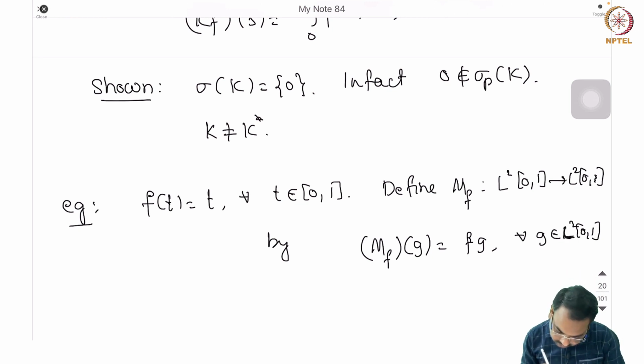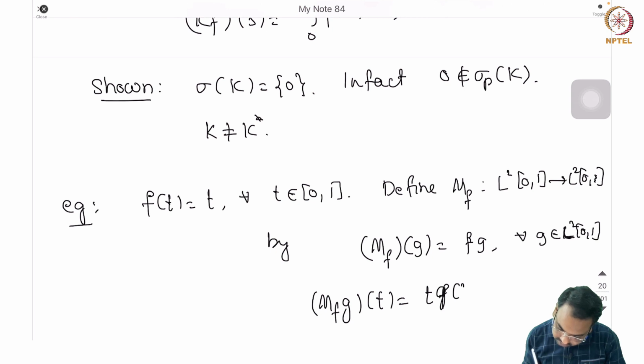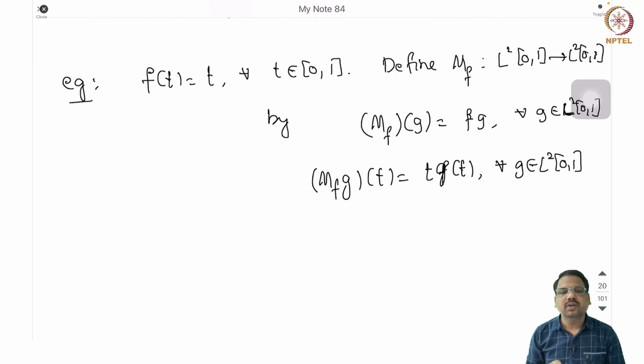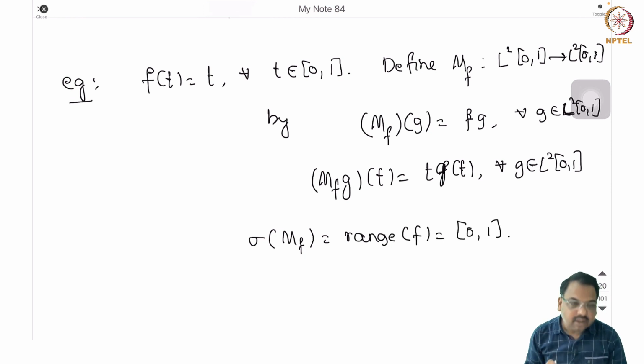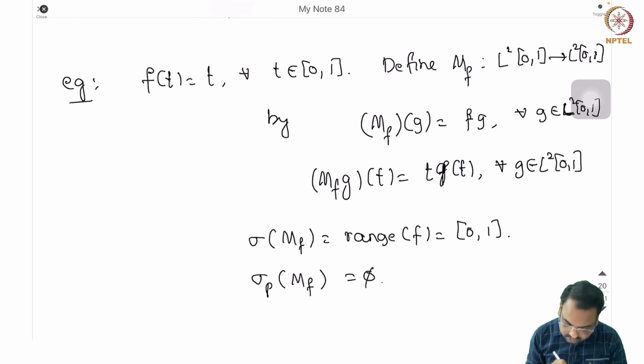So that means M_f g at t is nothing but t times g of t. This is a multiplication operator induced by f of t equal to t, and we know that the spectrum of M_f is exactly the range of f, the closed interval [0,1], and we also know that the point spectrum of M_f is an empty set.